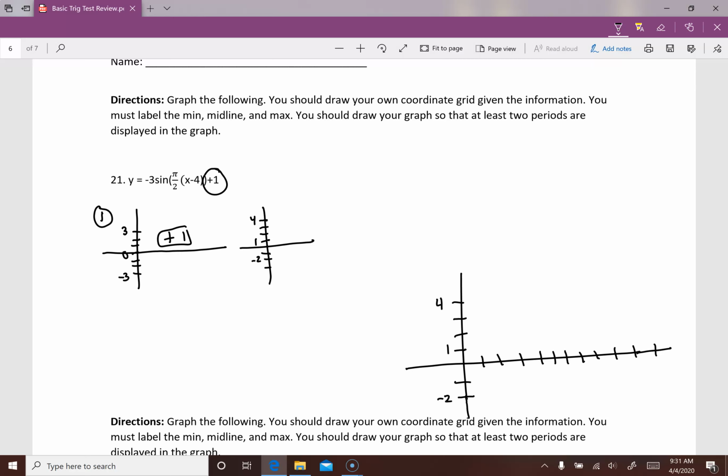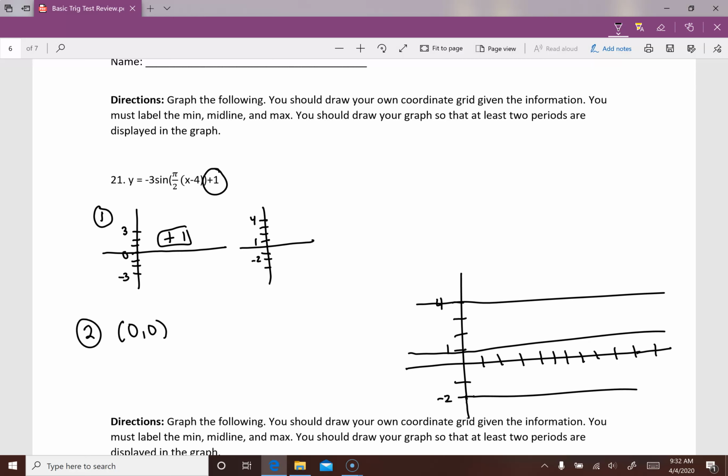All right, so I'm going to draw my max, my min, and then my midline.